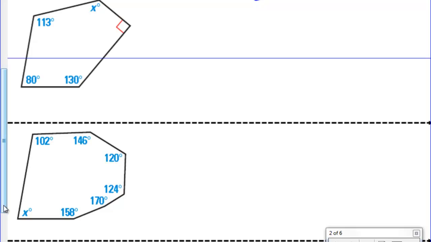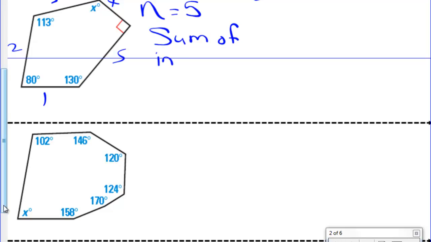All right, so you should have had some time to work on this problem. The thing you want to do is figure out what n is first. So we have 1, 2, 3, 4, 5 sides. N is 5. So what is the sum of the interior angles? Well, it's going to be n minus 2 times 180.